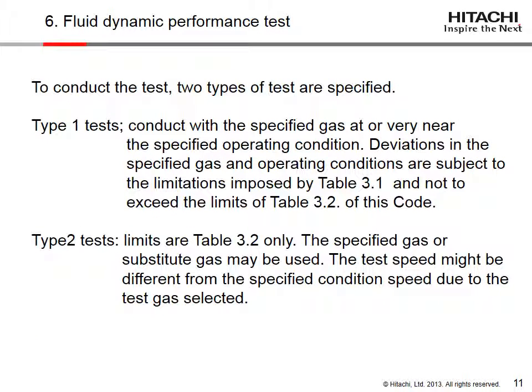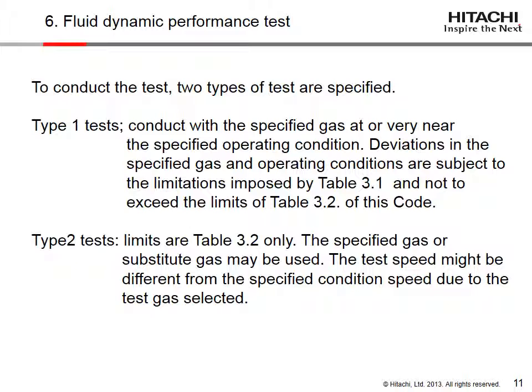To conduct the test, two types of tests are specified. The Type 1 test is conducted with the specified gas at or very near the specified operating conditions. Deviations in the specified gas and operating conditions are subject to the limitations imposed by Table 3.1 and not to exceed the limits of Table 3.2 of this code. These tables are shown on the next page. Type 2 test limits are Table 3.2 only. The specified gas or a substitute gas may be used.